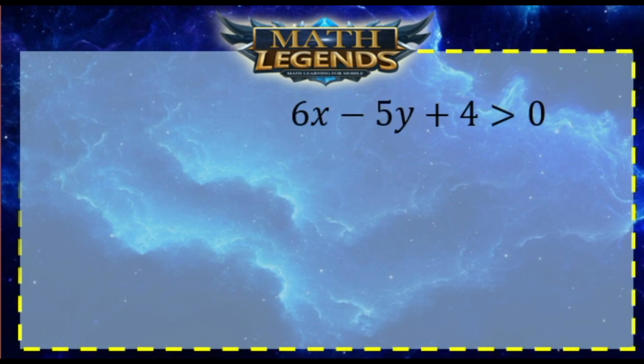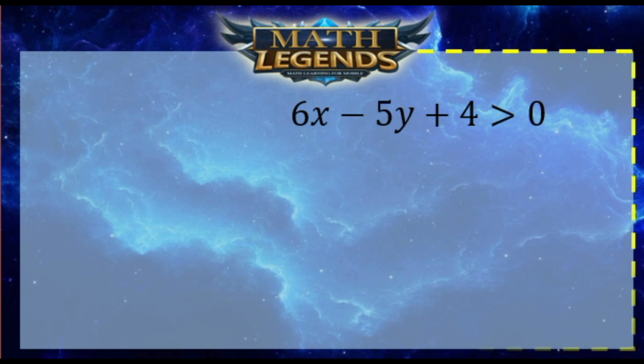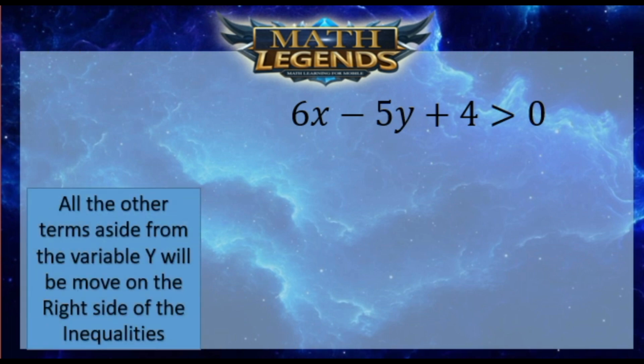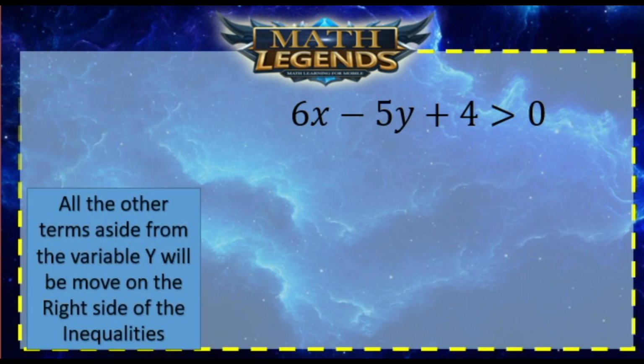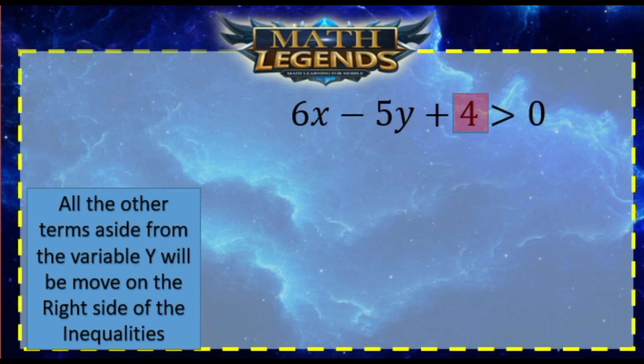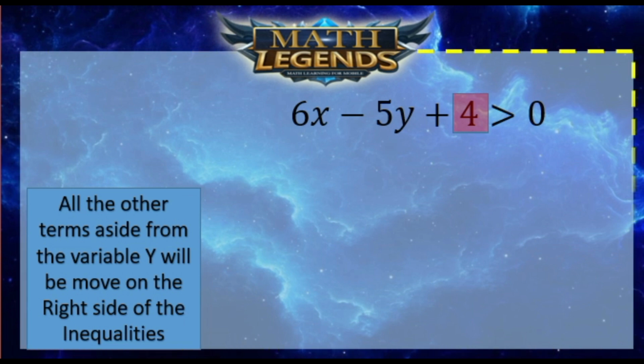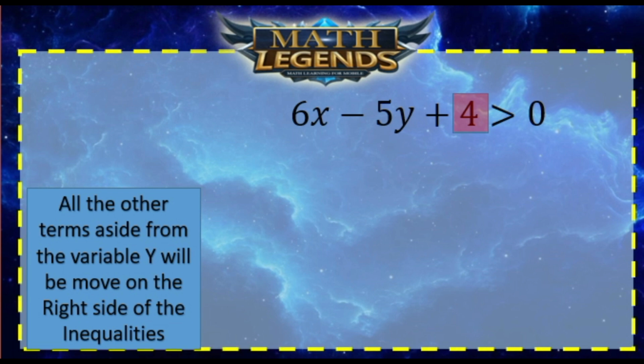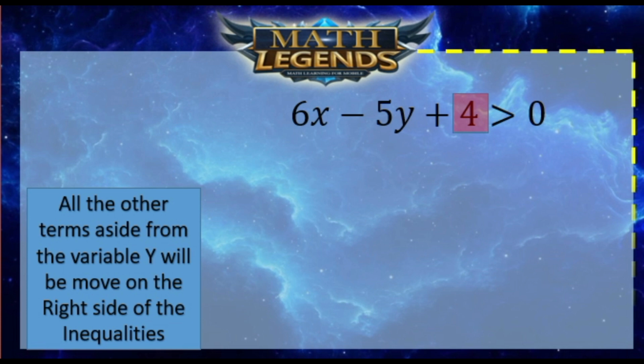So if we have the given linear inequality, first, all the other terms aside from the variable y will be moved to the right side of the inequality. So if we have positive 4, in order to move positive 4 to the right side of the inequality, we're going to add its additive inverse. The additive inverse of positive 4 is negative 4.